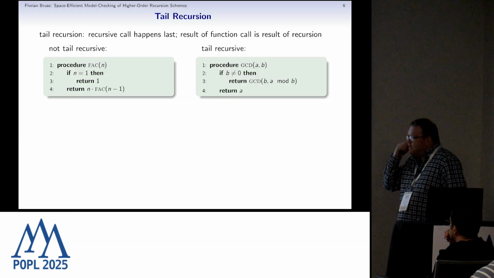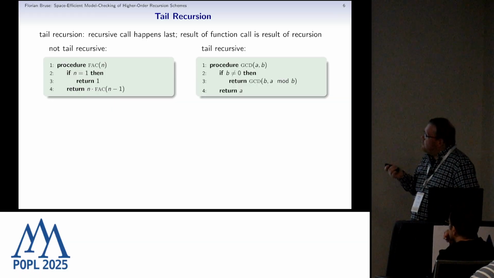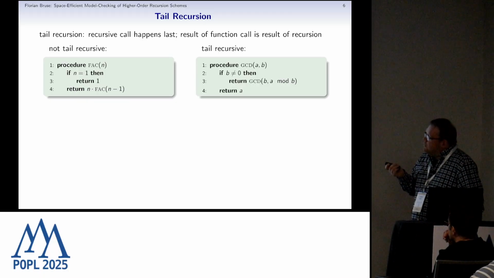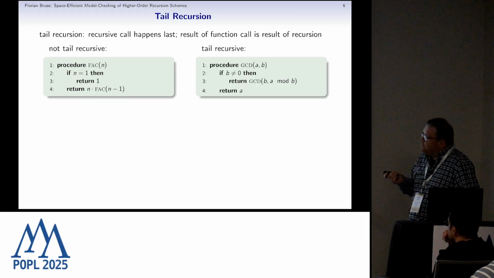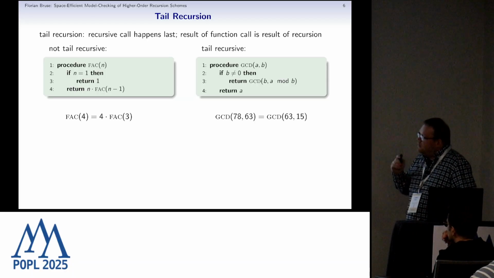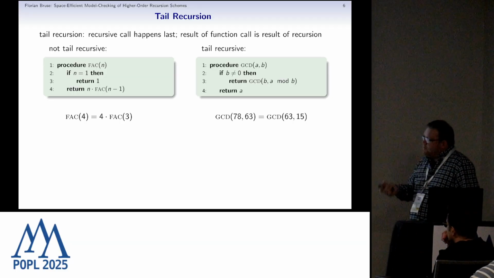I think these are the standard examples for explaining tail recursion: the factorial function and the greatest common divisor. The factorial one is not tail recursive because the result of the recursive call is multiplied by n. And the GCD one is tail recursive because it just says return whatever the result of the tail recursive call is. You see this pretty easily if you just try it with an example.